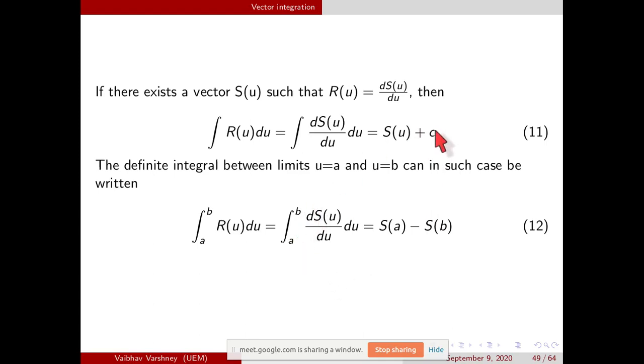In indefinite integration, there is always a constant. But when you are taking the definite integral, this constant goes, because this constant will come two times, one with upper limit, one with lower limit, and if you subtract, this constant will cancel out. So there is no constant in definite integral. Remember this thing.